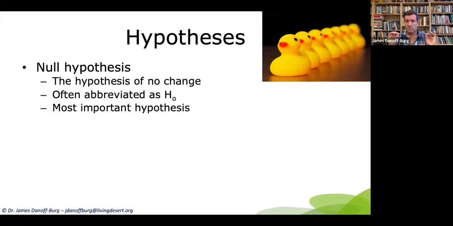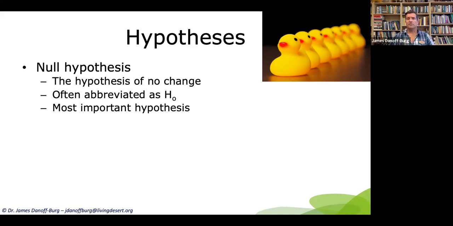If it's the hypothesis of no change, no difference, in this case, the null hypothesis would be that women are just as effective at using cheetah dogs as are men. Or we could say it, men are just as effective as women at using cheetah dogs, right? There's no difference. There's no impact.